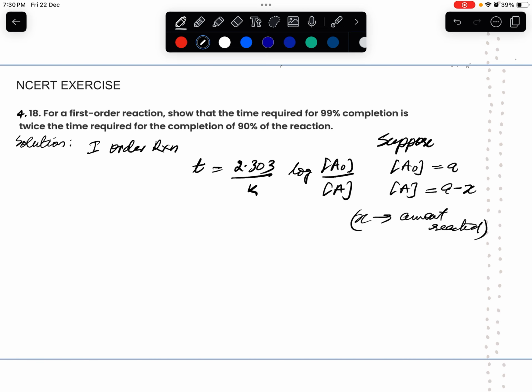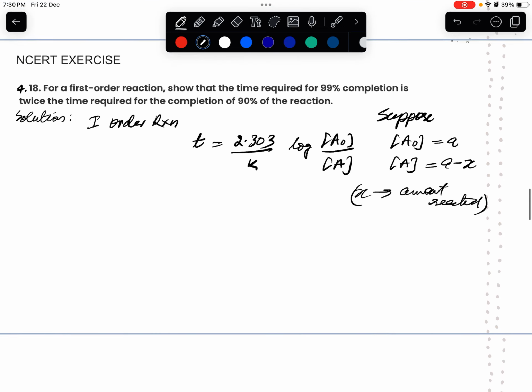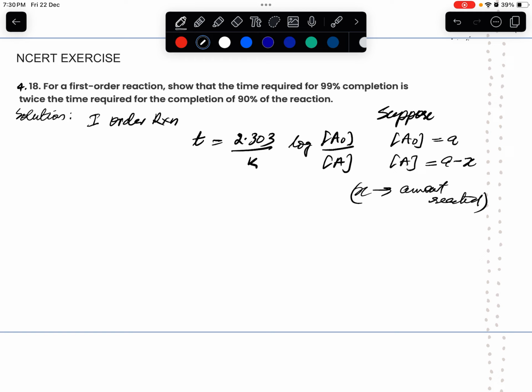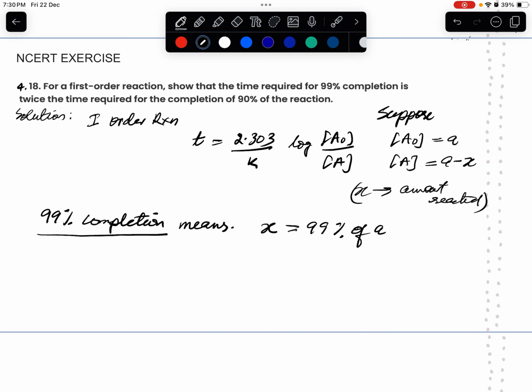Now we will put down the values in the first case, which is 99% completion. What is the meaning of 99% completion? It means the amount which is reacted, that is x, is 99% of a, the amount we have initially.